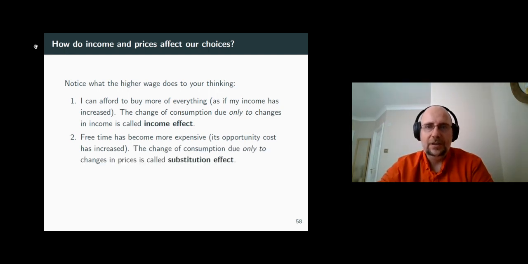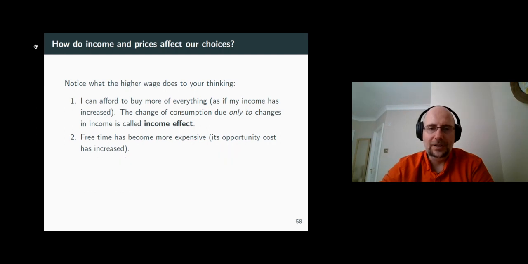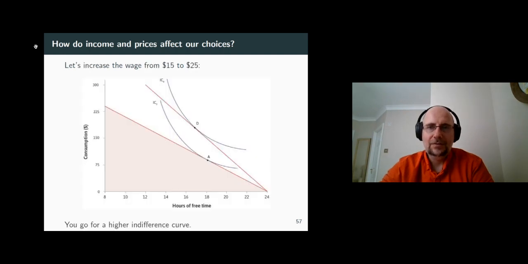The change in your behavior, which is only due to the change in the price of labor, is what we call substitution effect of a price change. We economists are curious people, aren't we? We see the consumer moving from point A to point D, right?